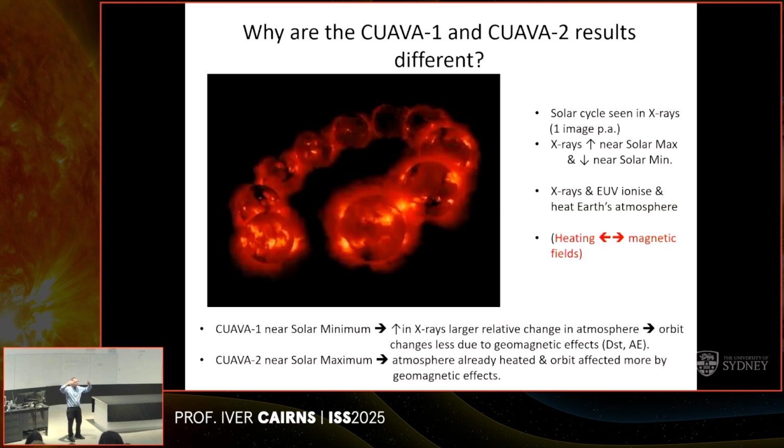Some more X-rays are not really going to make much of a difference. And so then we've got other things that are important, the geomagnetic effects, due to the energetic particles coming down into the polar regions, heating up the atmosphere there and causing effects. So I think that's what's going on, but I'd be happy to discuss it more with anyone.